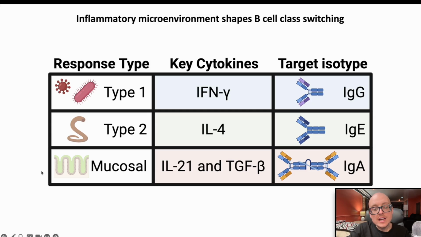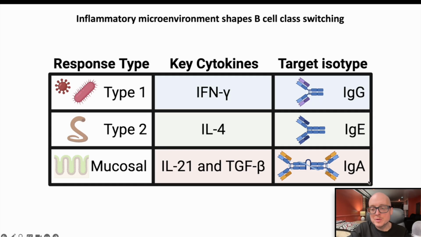Finally, B cells that find themselves at mucosal surfaces will encounter cytokines enriched at the mucosa. This includes, among others, but probably most famously, IL-21 and TGF-beta. And the high concentrations of these two cytokines at mucosal surfaces influences class switching into IgA.